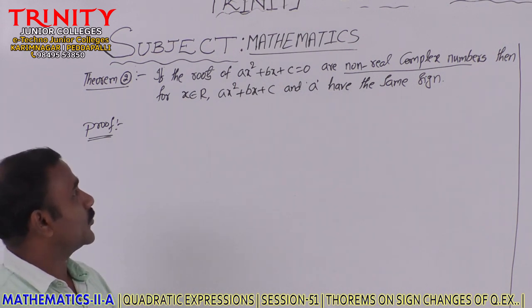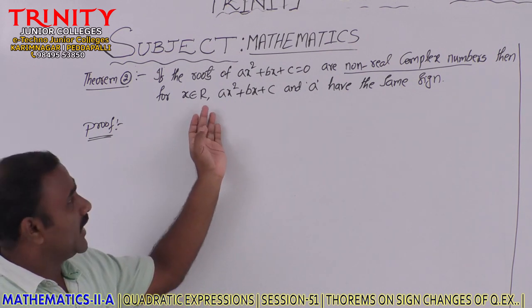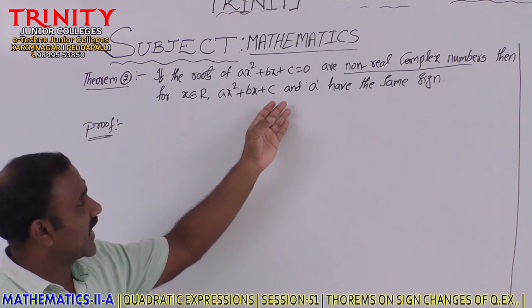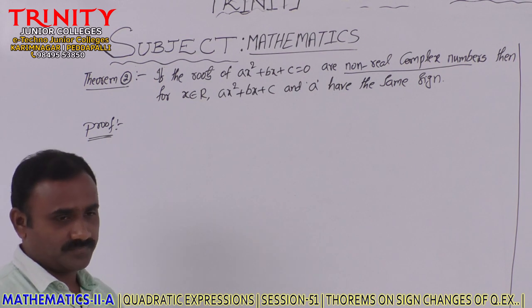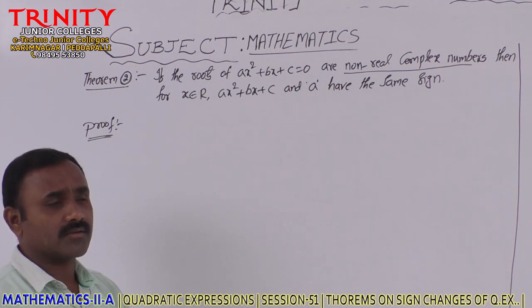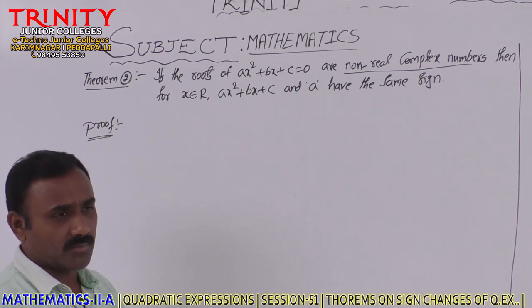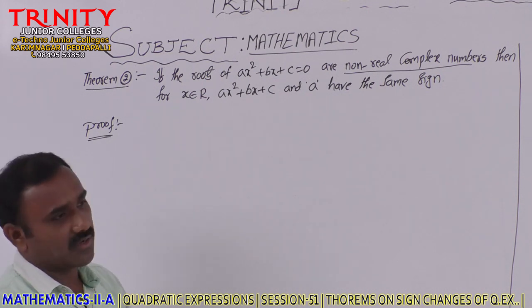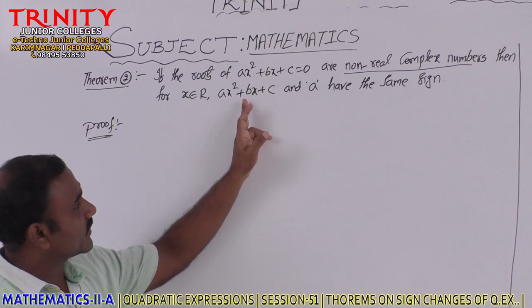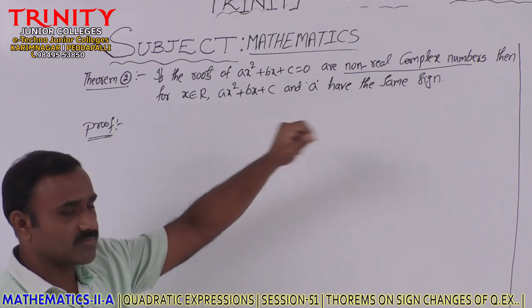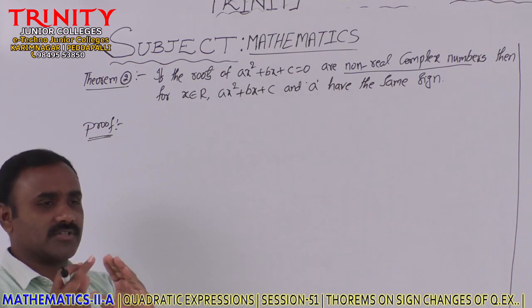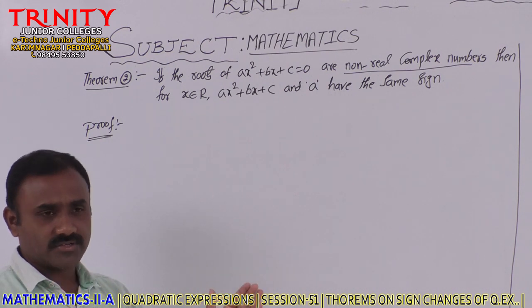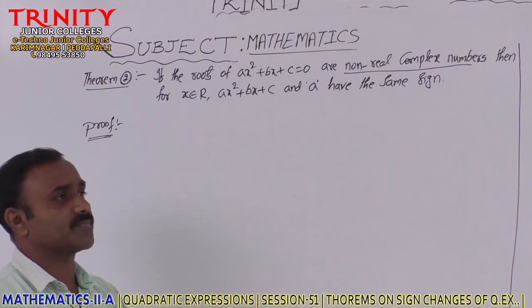In the previous theorem, for all real numbers, if ax square plus bx plus c and a have the same sign, then x doesn't lie in between alpha comma beta. We discussed that, x less than alpha or x greater than beta. If ax square plus bx plus c and a have the same sign, then x will take values less than alpha or greater than beta for all real numbers.